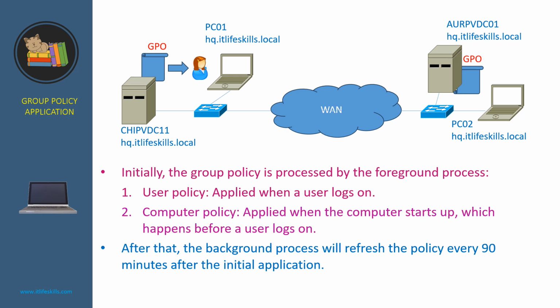And if it is a computer policy, then the policy is applied when the computer starts up, which happens before a user logs on. After that, the background process will refresh the policy every 90 minutes after the initial application.